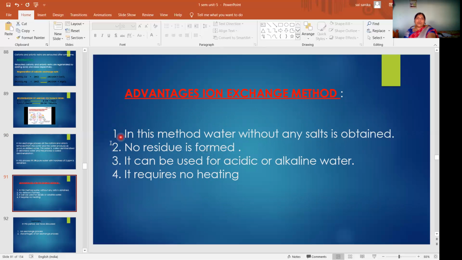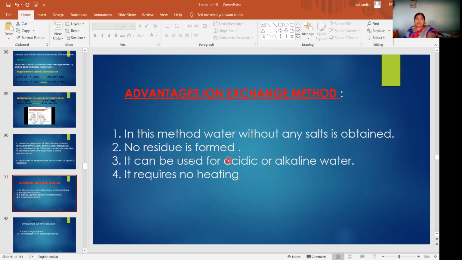No residue is formed here. And it can be used for acidic or alkaline water, so nothing will happen.